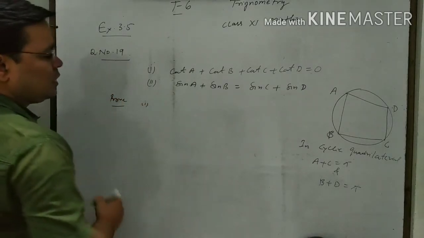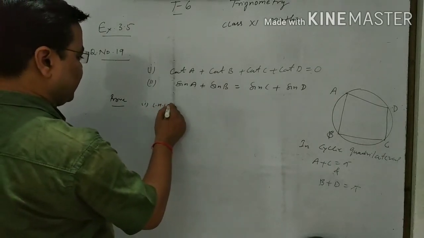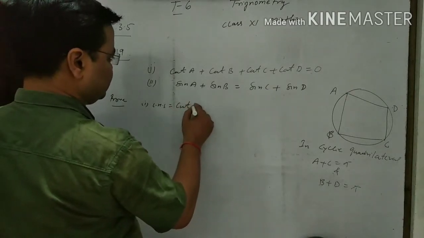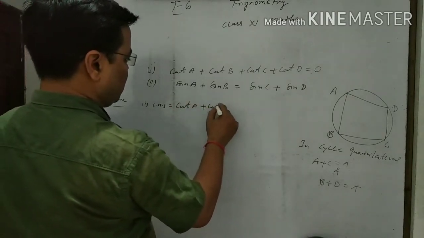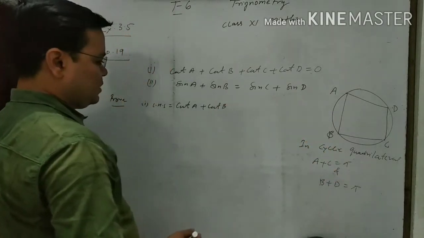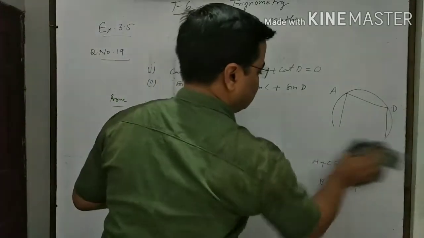First part, take the left hand side. What is the left hand side? Cot A plus cot B. This is also part of the solution.